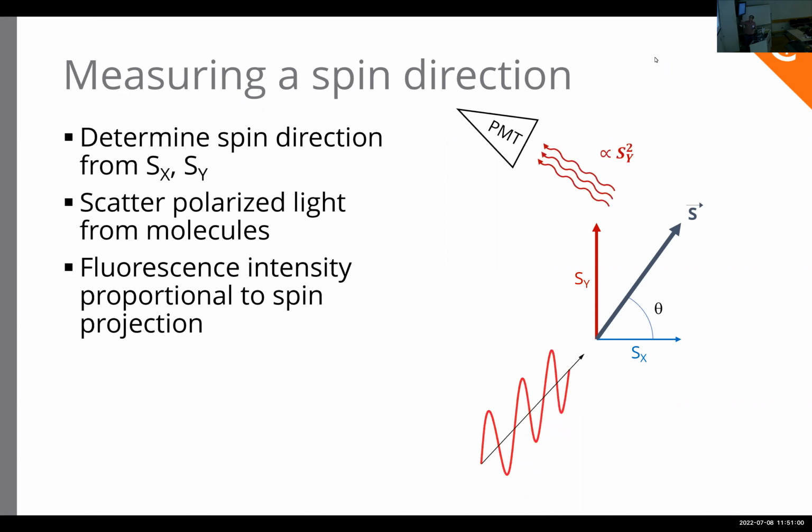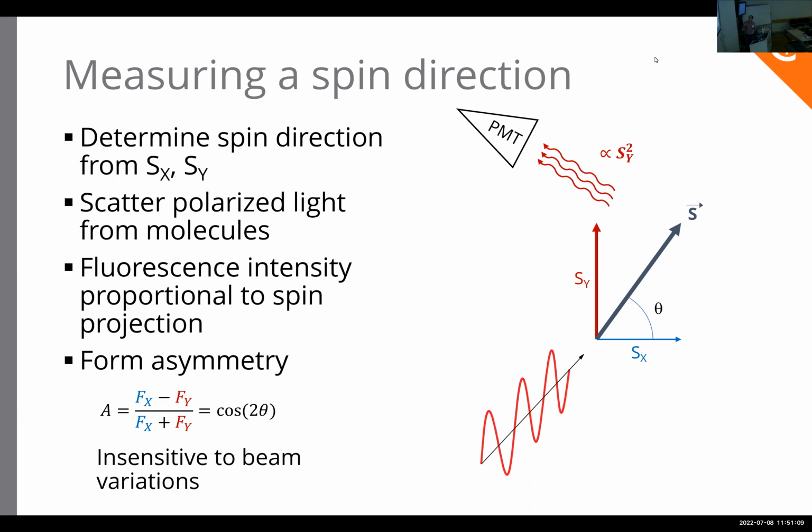And then if you flip it so that it's Y, and collect this, that gives you the fraction of the population that has Y polarization. If you take those two, the X and Y information, and form an asymmetry out of it, that allows you to reconstruct this angle theta in a way that doesn't depend on the overall population, which is important because in these molecular beams, the population is very unstable. The beam flux is super noisy.